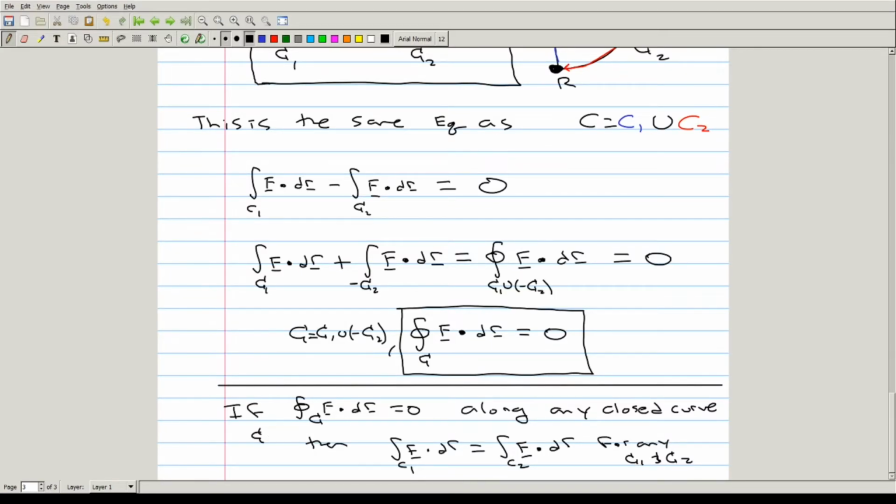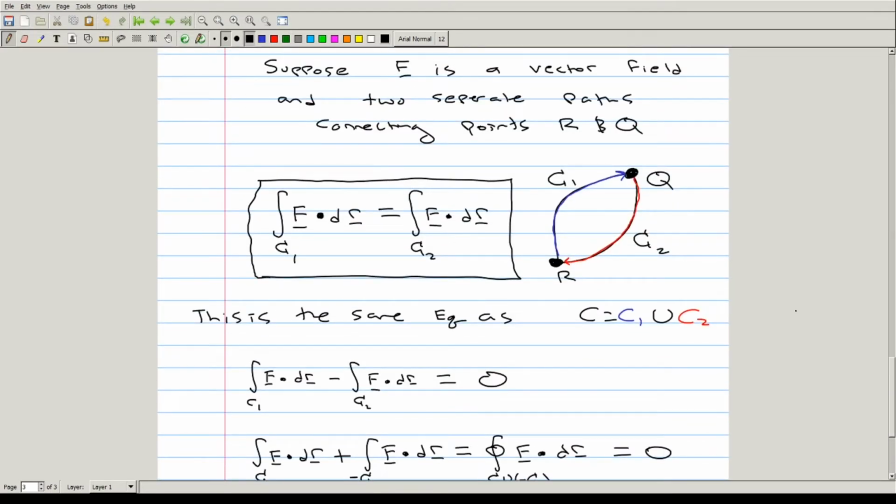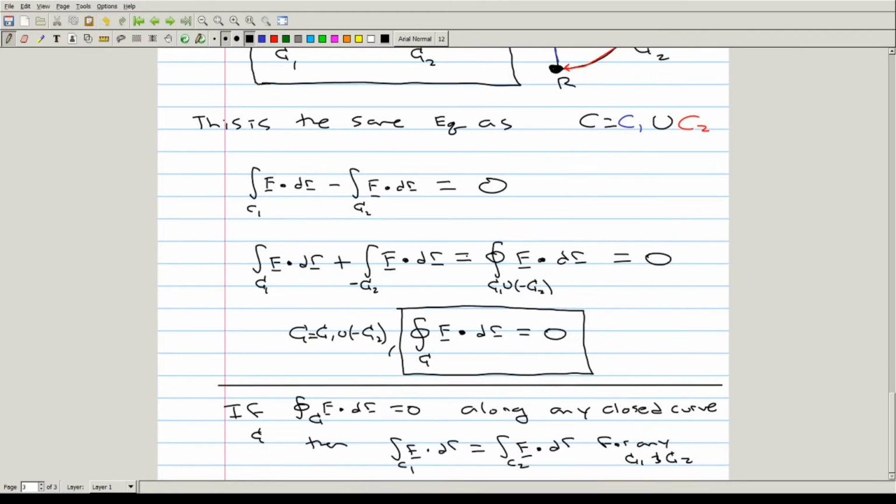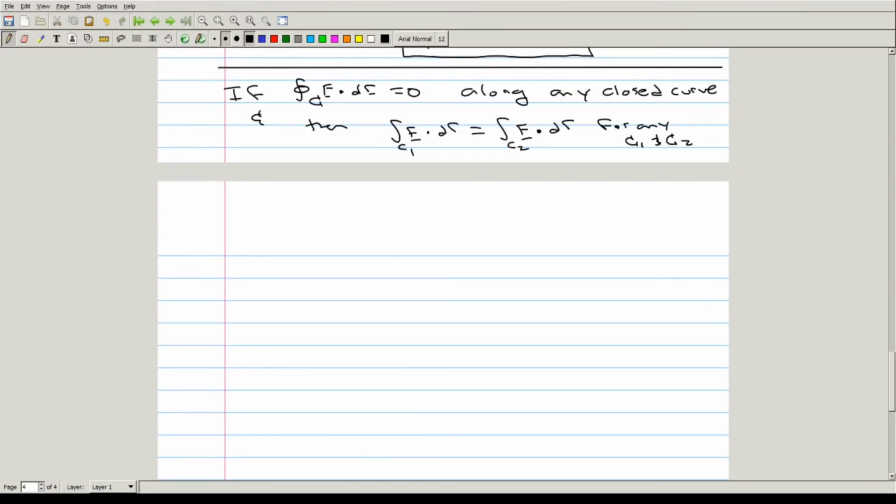It just involves, for a given C1 and C2, being able to express C1 and C2 as a closed curve, which we've already kind of talked about right here. So this is really nice, though. Essentially, we've established now everything we need to go through and show something very nice about vector fields, specifically about conservative vector fields.